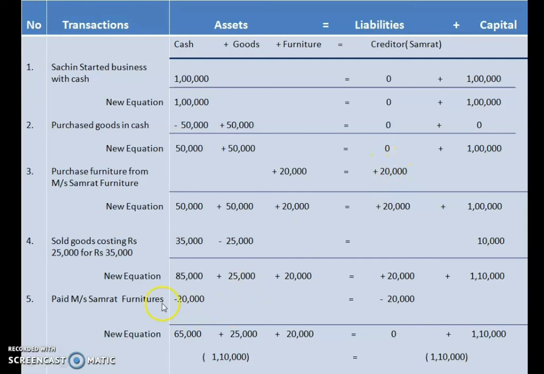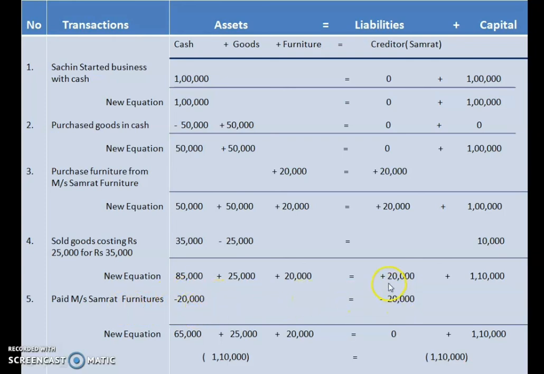Now it is mentioned that we have paid Samrat Furniture the cash. That means from cash we have in our business, we have 85,000 with us. So from that 85,000 we will subtract 20,000 because we have paid to Samrat. Okay, 20,000 we have paid.